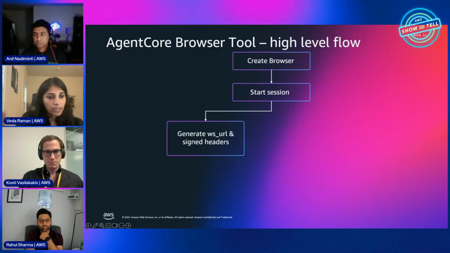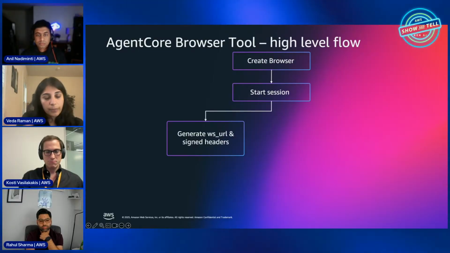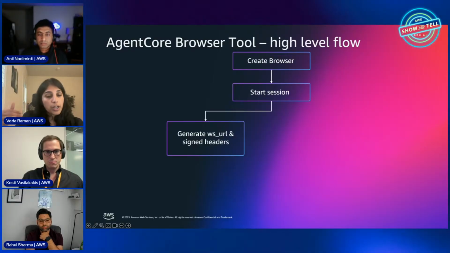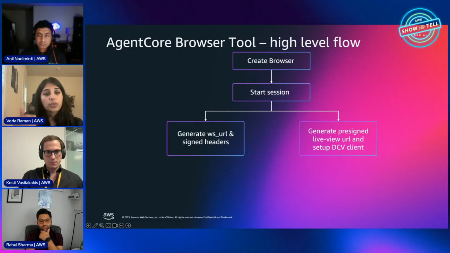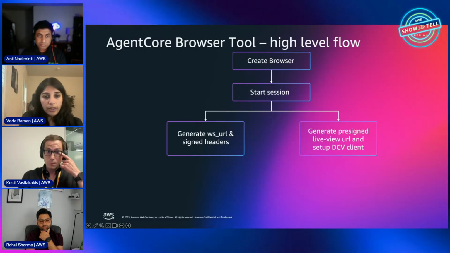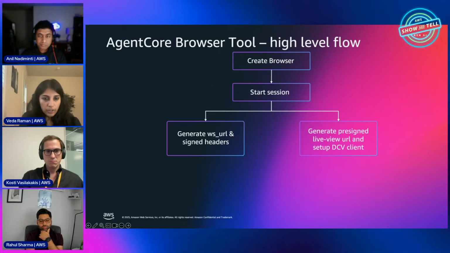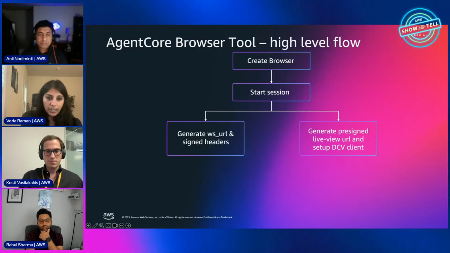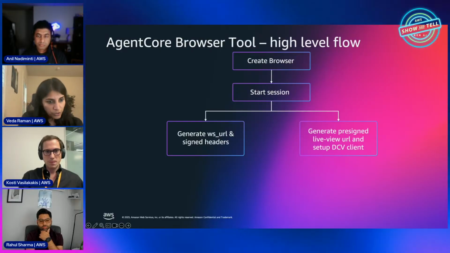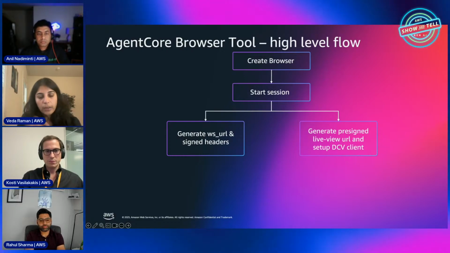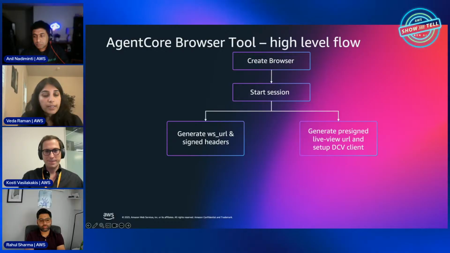So these are ephemeral in nature, serverless, completely running for you. Once you start the session, in your code, you generate the WebSocket URL and signed headers. These are required for your agent to connect to that browser over that CDP connection that Kosti was talking about. And then optionally, you can also generate a pre-signed live view URL.